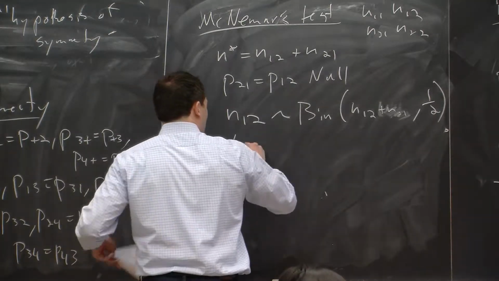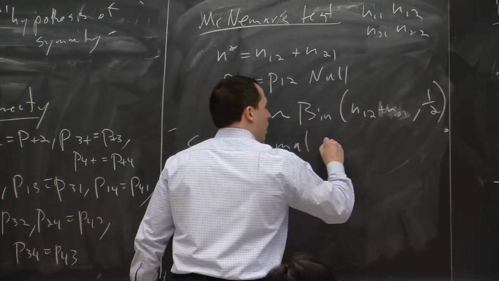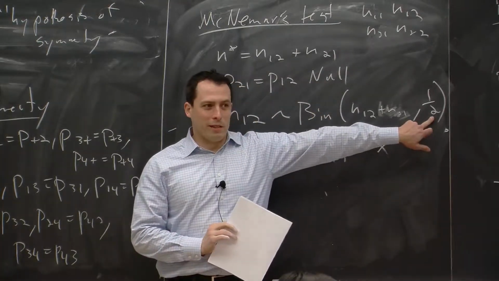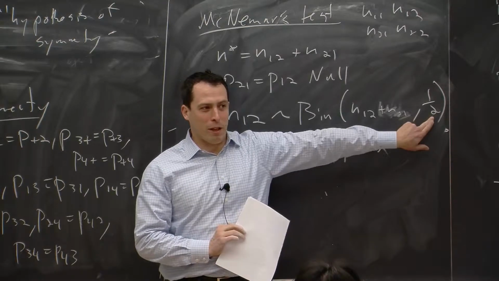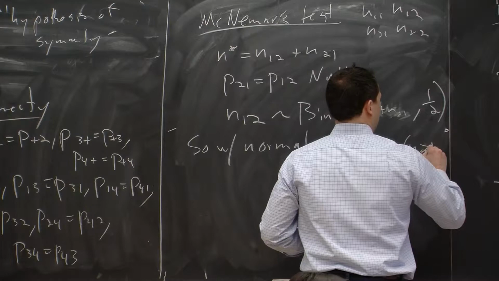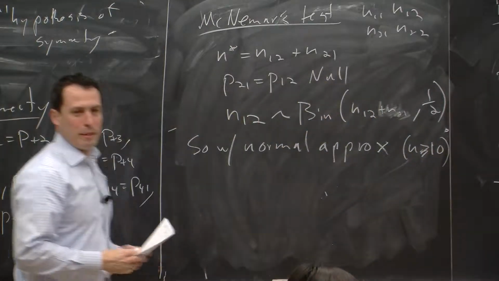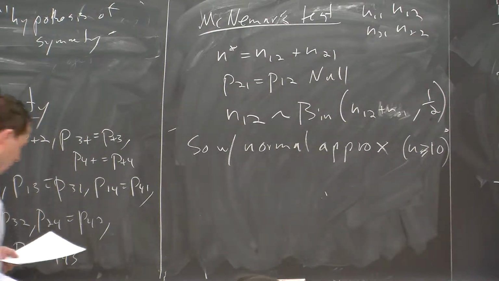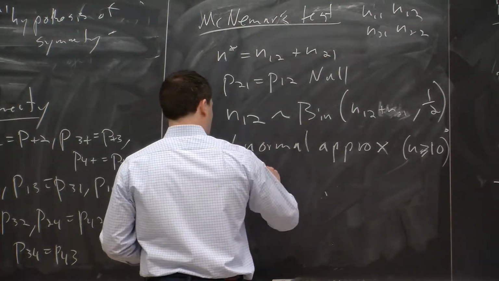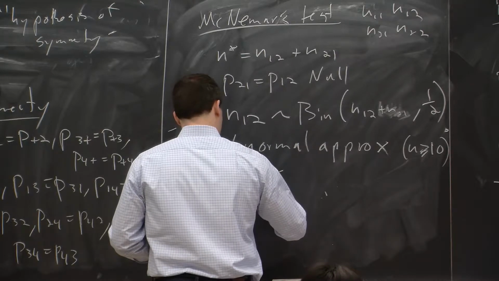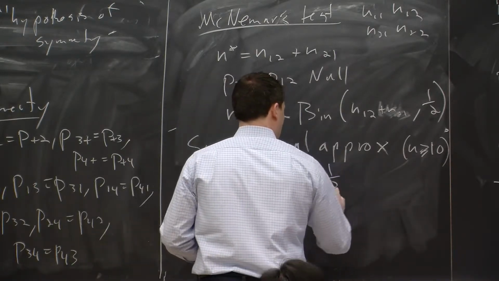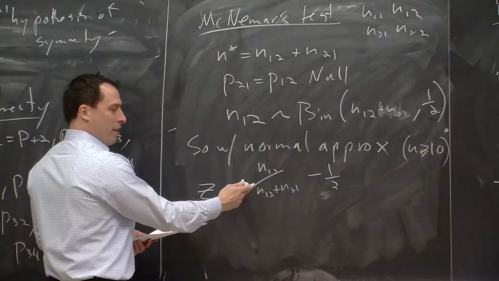So we can use a normal approximation, and as you learned from the first couple of weeks, when this probability is right smack dab in the middle, the normal approximation for the binomial works pretty well. As long as n is bigger than 10 or so, the normal approximation is actually pretty good. We get a test statistic, z, just N12 over N12 plus N21 minus 1/2, which is the expected. So that's our computed value.